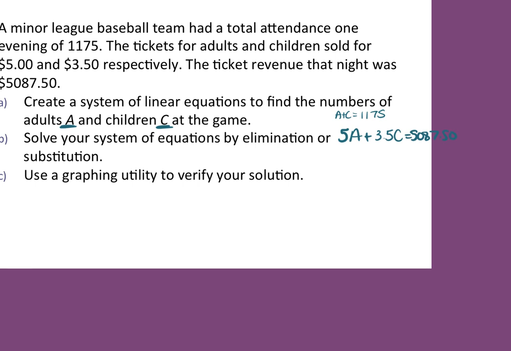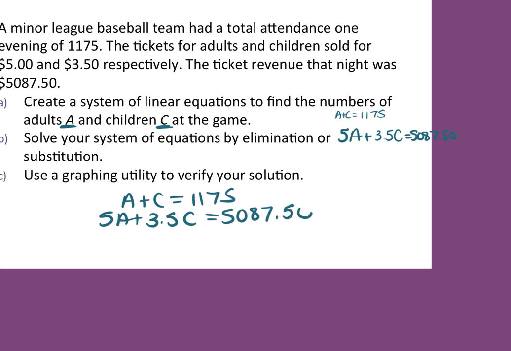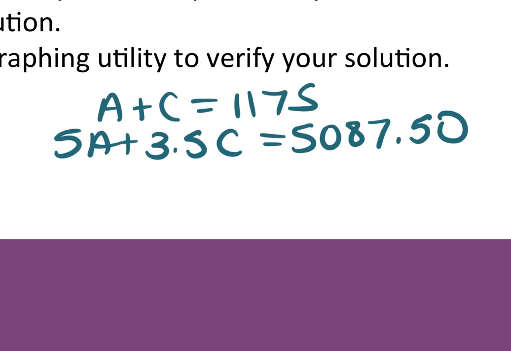I'm going to rewrite it down here. Okay, now it says solve our system. So we can either, like I said before, do elimination or substitution. I could do what we did yesterday, solve for A or C, and then plug it in. Or I can do elimination. Let's practice elimination.